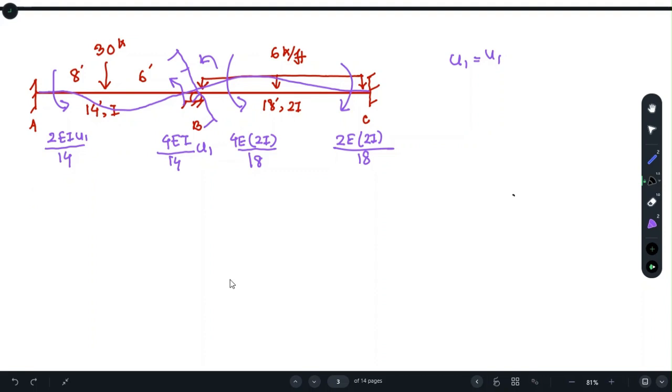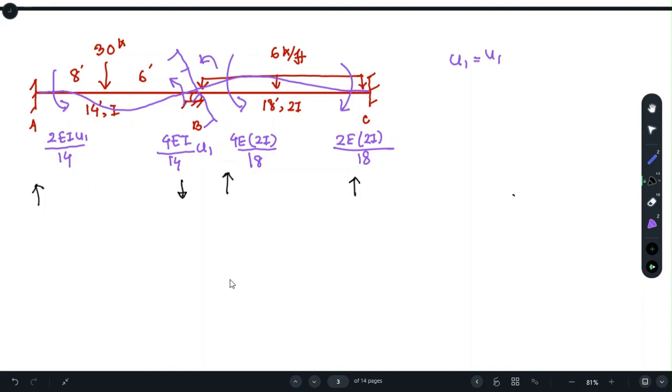For the moment here, the moment is applying a compressive type of effect, so we'll get a reaction upward. Here, the moment is trying to uplift the support, so the support will produce a reaction upward.